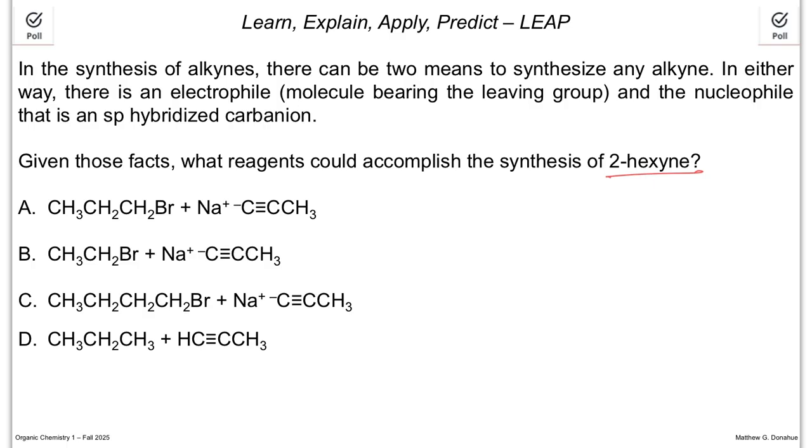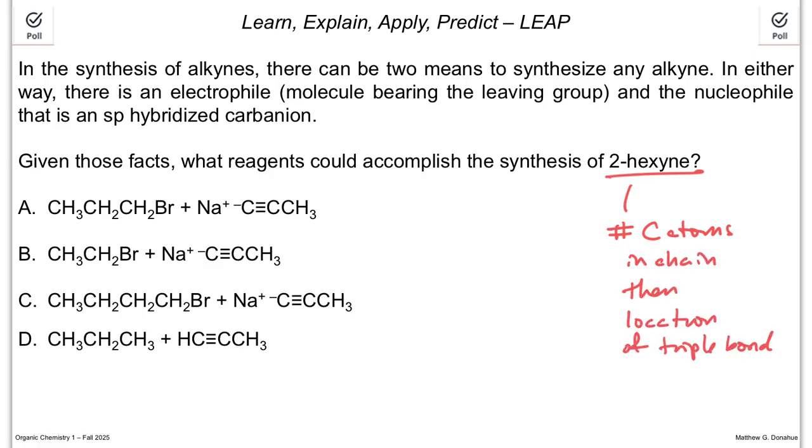So the first thing to consider is how many carbon atoms are in the chain, and then where is the location of the triple bond. So what do we think would be the best answer?